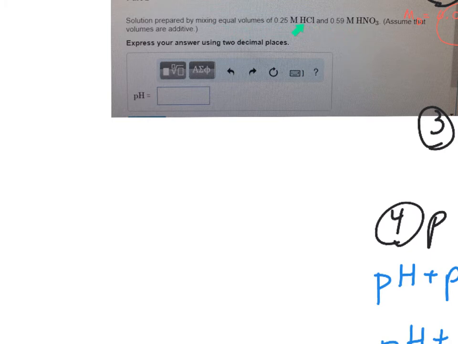Now, both of these acids, hydrochloric and nitric, can only give 1 proton. So they've simplified it for us. In other words, chemically, these guys are going to behave the exact same. Both strong acids, both going to give off 1 proton. So really, it boils down to simply averaging the molarities.